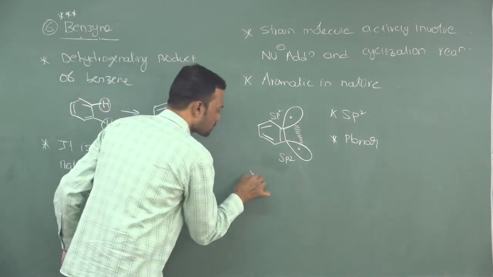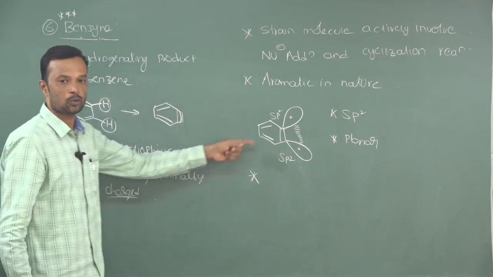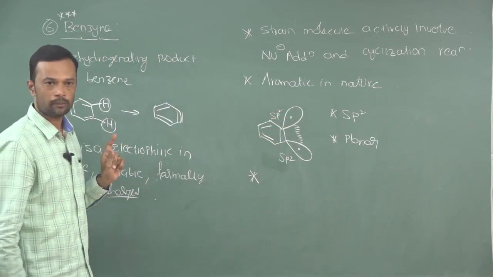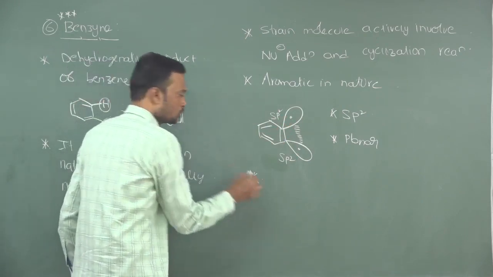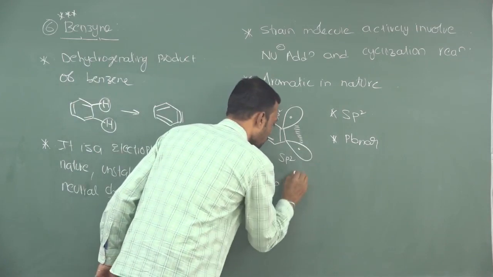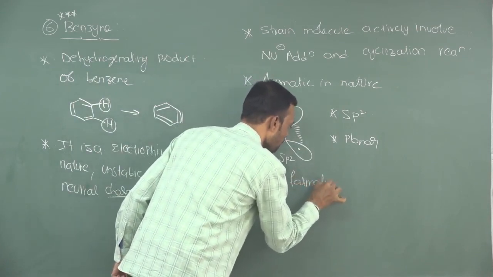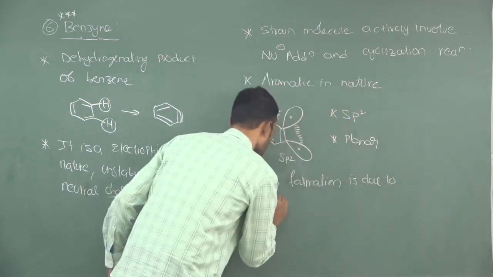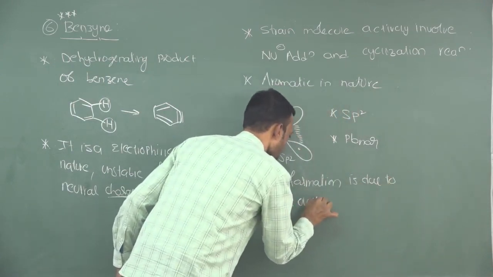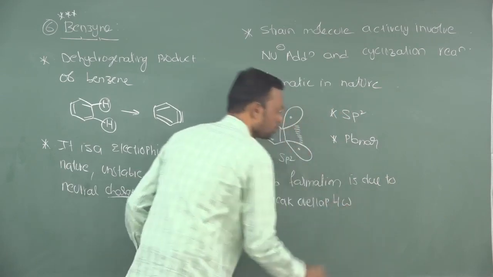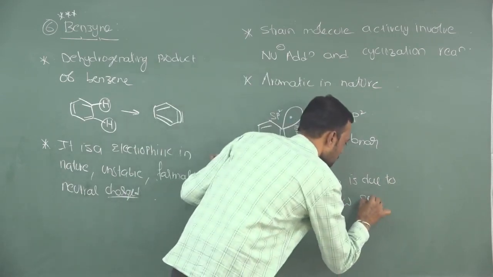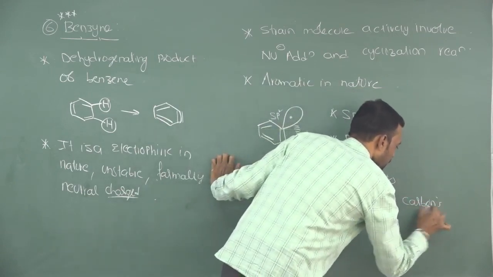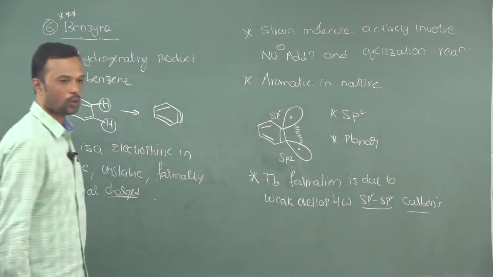So the triple bond formation takes place due to sp2 overlap. This sp2 is overlapping only partially. It is not the strongest overlap. That's why there is a formation of this triple bond. So the triple bond formation is due to a weak overlap between sp2 carbons.